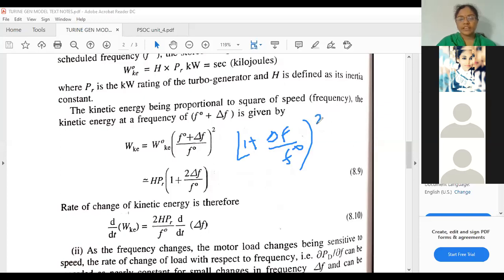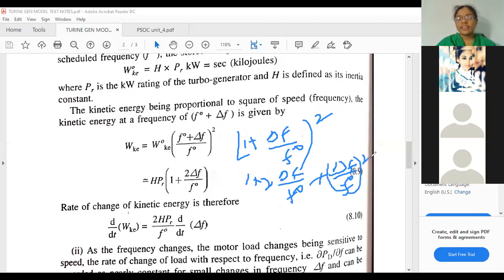Okay. So how are we going to write this? This is (x plus y) whole square, that is (1 plus 2 delta F by F naught plus delta F by F naught) whole square.